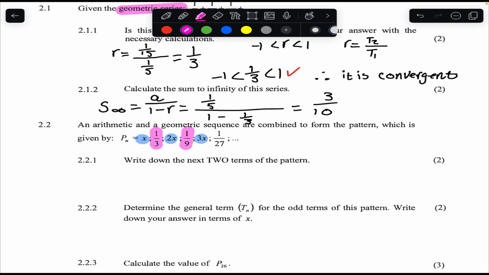So now that I have these different sequences or series, I can answer questions if they come up where they only want to focus on x or on my 1 over 3, 1 over 9, 1 over 27.